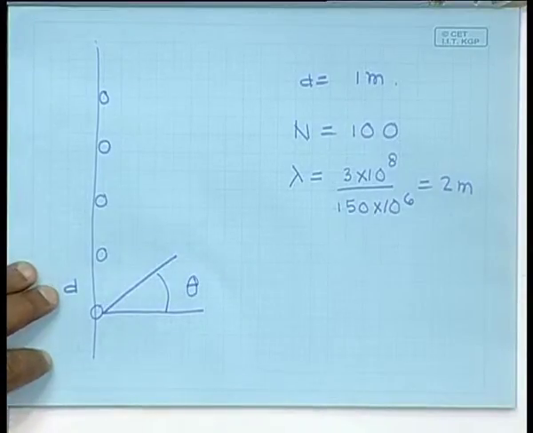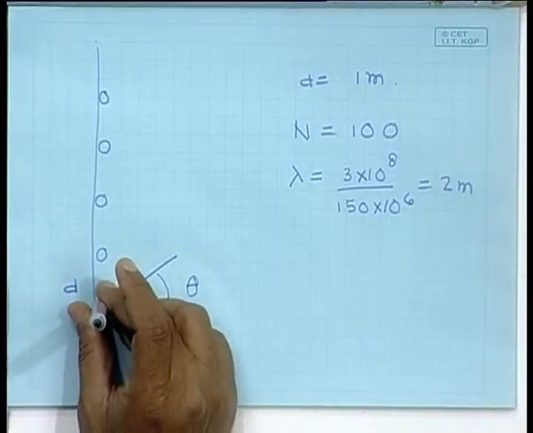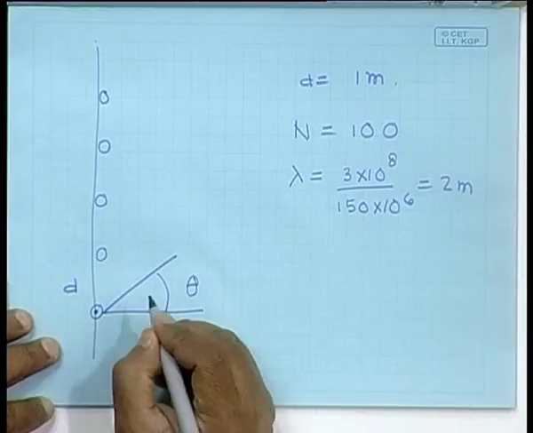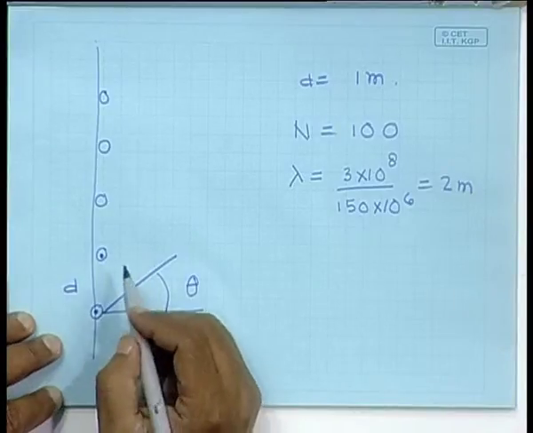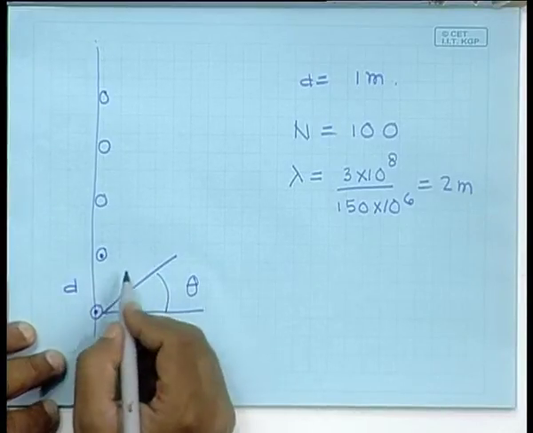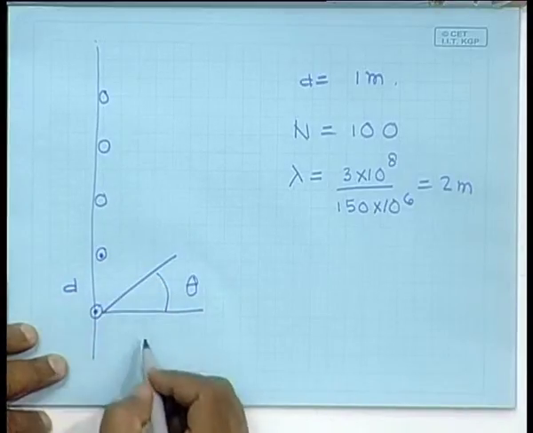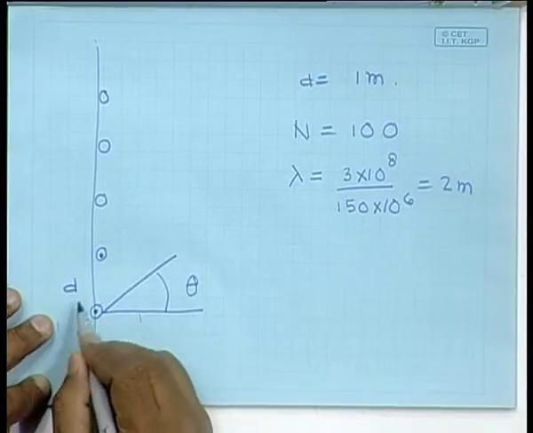Now, before we take up the solution, let me just remind you, if I had a dipole that is vertically upwards like this, then its radiation would be such that it would radiate maximum in the plane over here, and it would radiate equally in all directions on the plane.